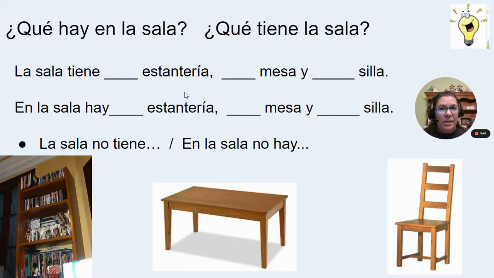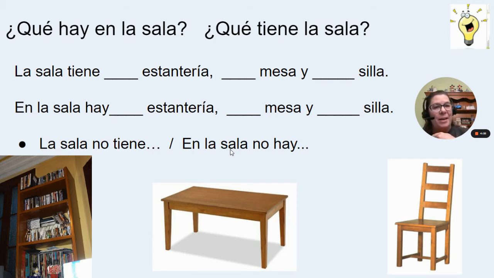So take a moment and write a sentence about your own living room or family room. And write, la sala tiene una estantería. Or say, la sala no tiene una estantería. You might say, en la sala hay una mesa. You might say, en la sala no hay una mesa. Pause this recording and give yourself some writing practice.